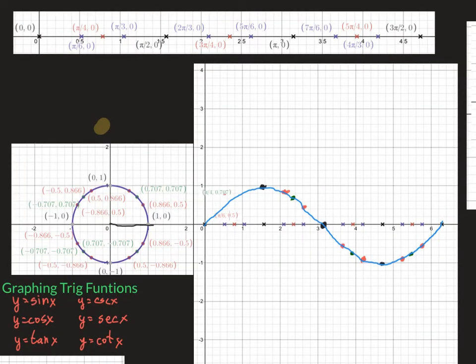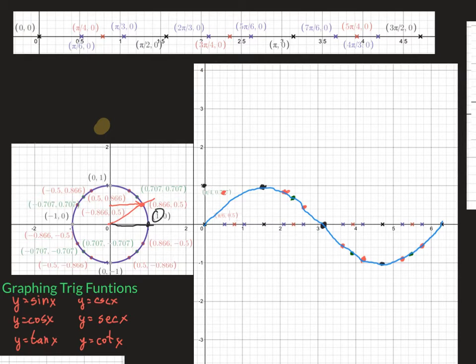At angle 0, we'll go here, and the distance to the right is 1. And so we start off, angle 0 gives you a value of 1. The next angle is pi by 6, which hits the unit circle right here at a distance of √3/2 to the right. And so, since that distance to the right is √3/2, we graph √3/2.